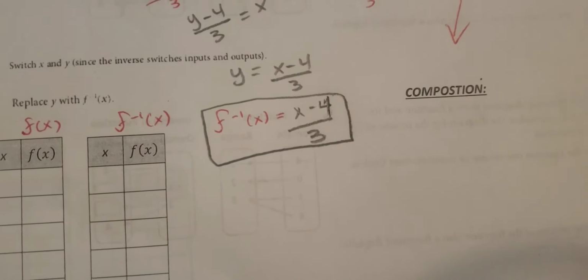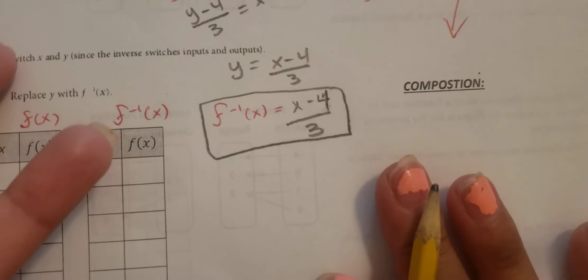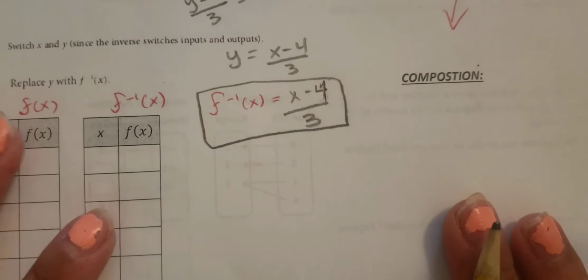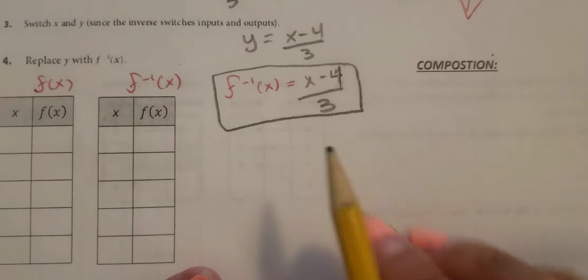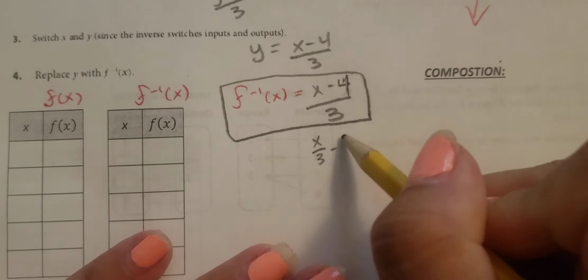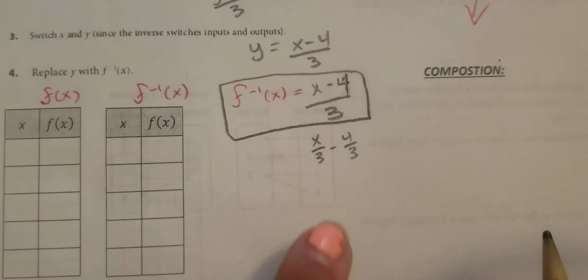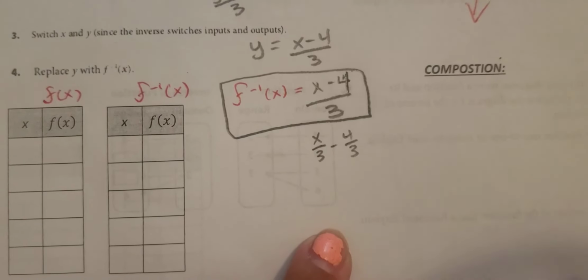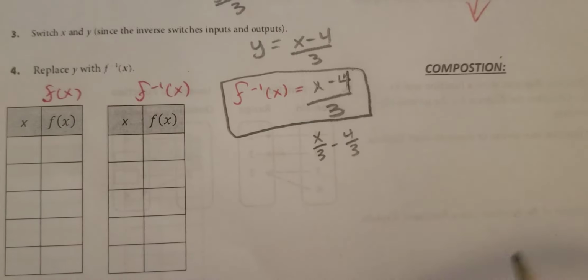If you are someone who is like, I don't know how to graph this, then that's okay. So I would do a couple of things. I would rewrite it as x over 3 minus 4 over 3. Sometimes this works, sometimes it doesn't. You'll know, trust me.